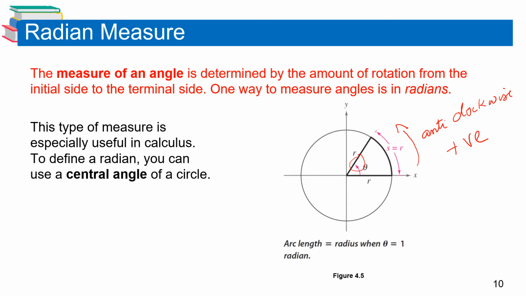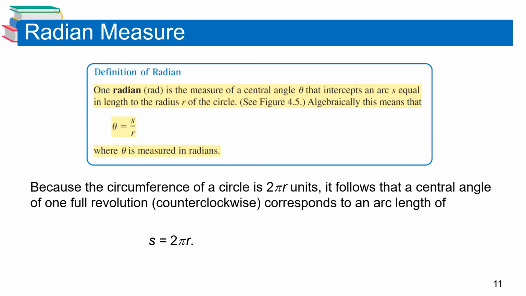So the arc length S equals r when theta is 1. It's mainly because the radian is given by theta equal to S divided by r, where S is the arc length and r is the radius.